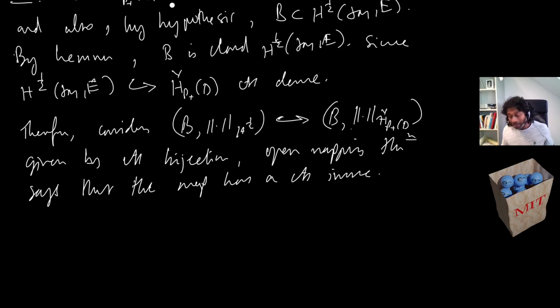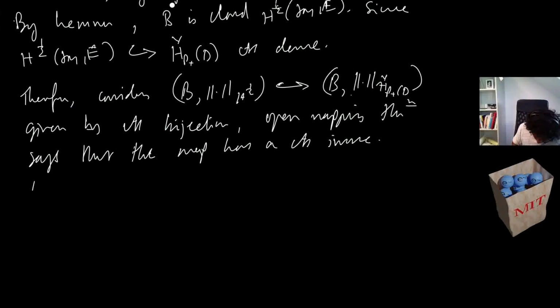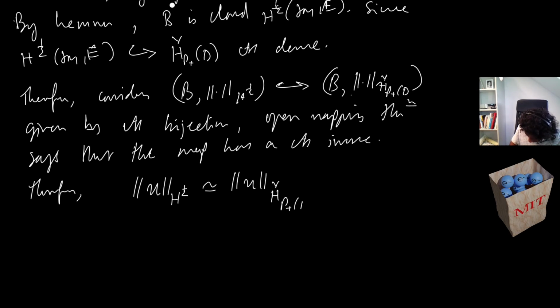But what is this map? The map is just the identity, right? Therefore, what that is exactly saying is that the H half norm is comparable to the H check norm for u in B. Okay?